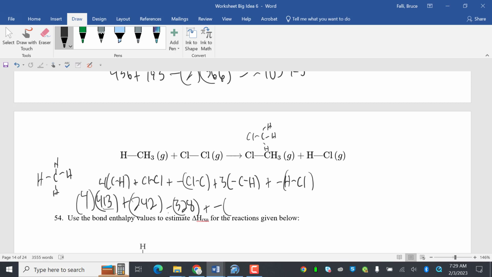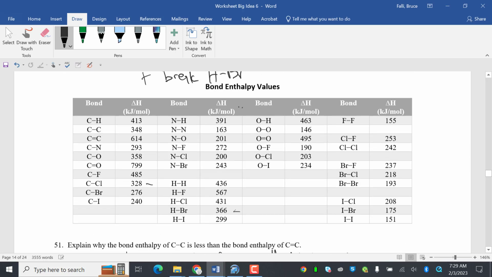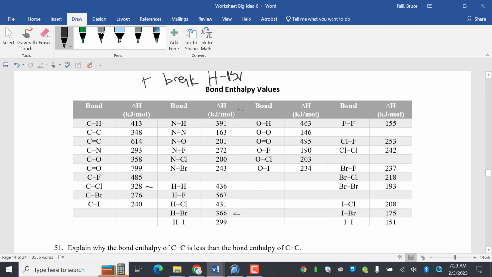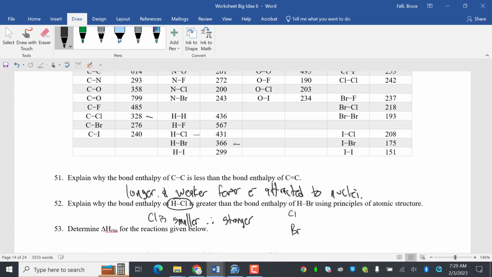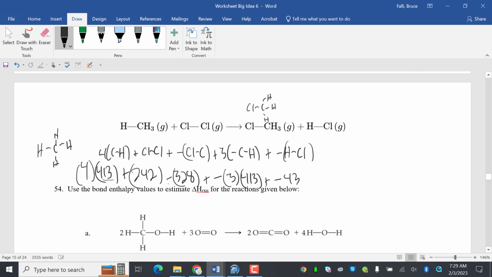Then minus H to Cl, which is 431. So 4 times 413, plus 242, plus negative 328, minus quantity 3 times 413, close quantity, minus 431 is negative 104. That was weird, wasn't that the same one I had before?